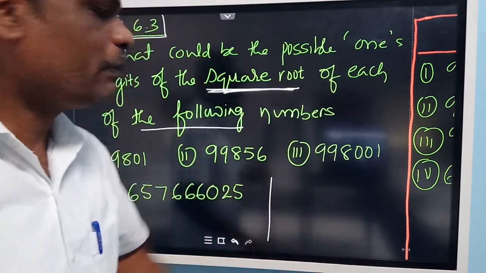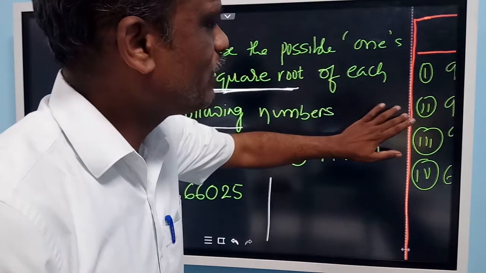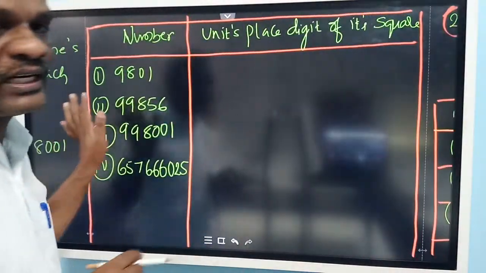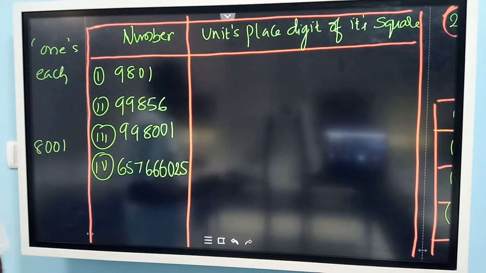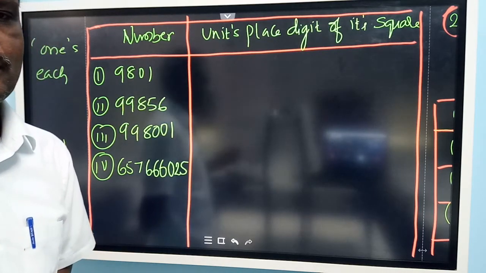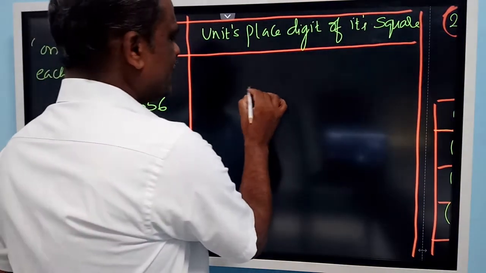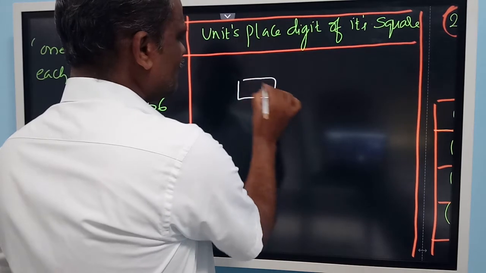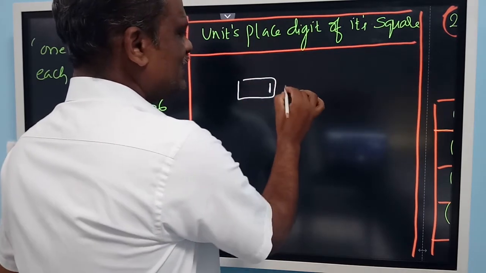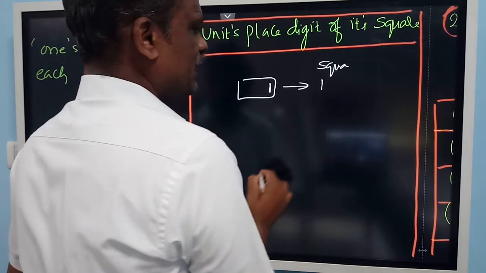Can you recall the square numbers property? What does the square number property say? Units place digit of square numbers. Sir, the units place of a square number will end with 1 or 9. Suppose a number ends with the digit 1, then its square will end with 1 only.